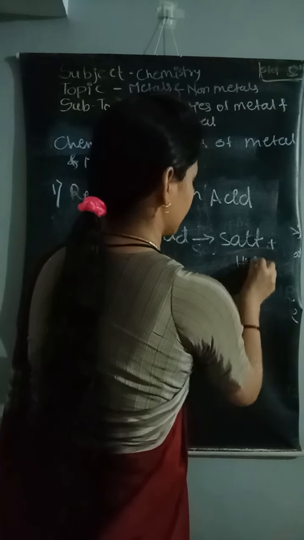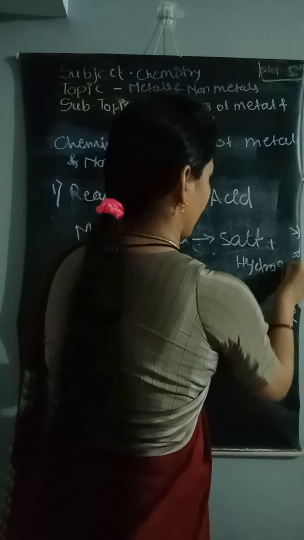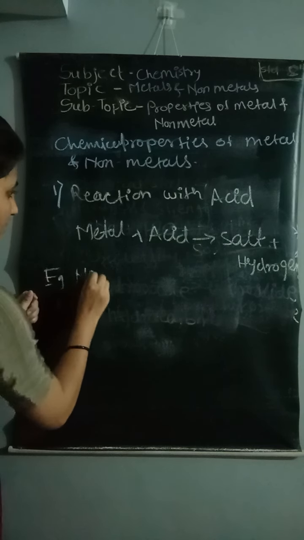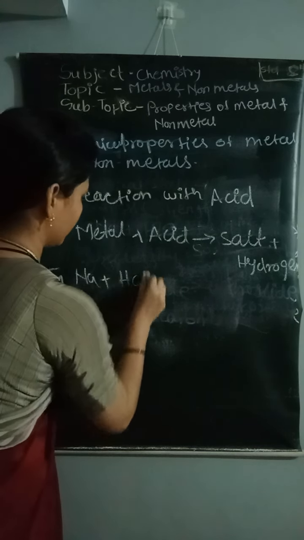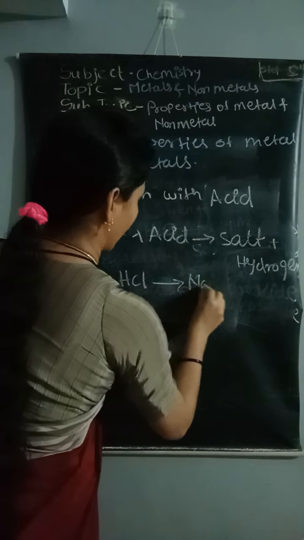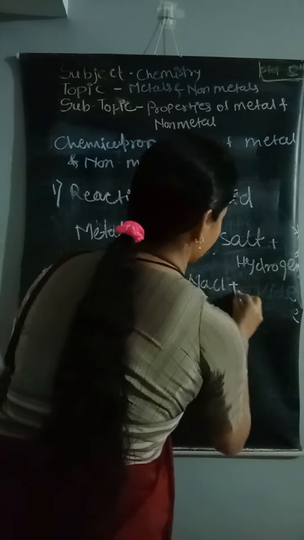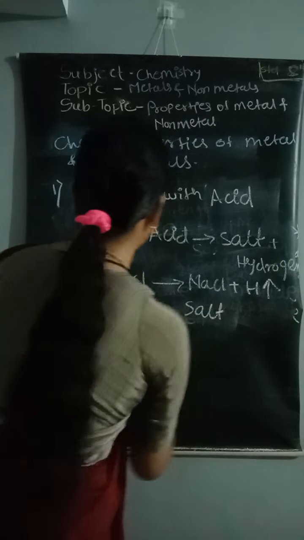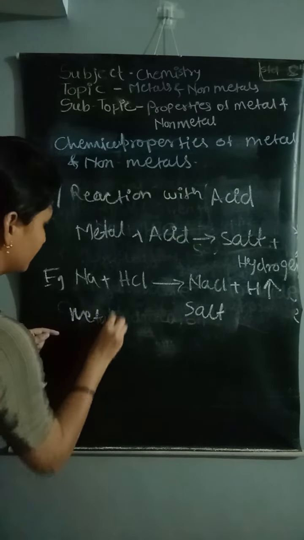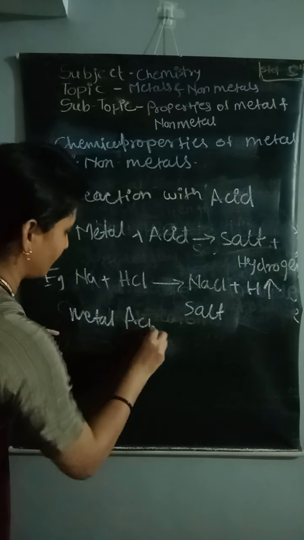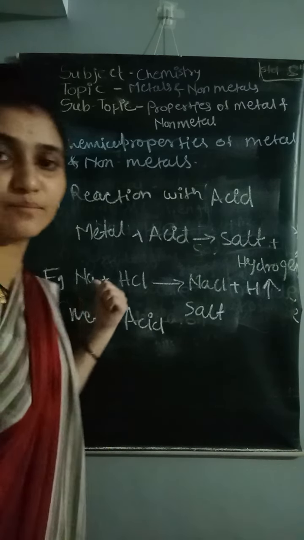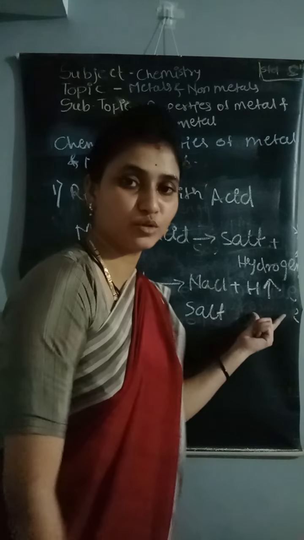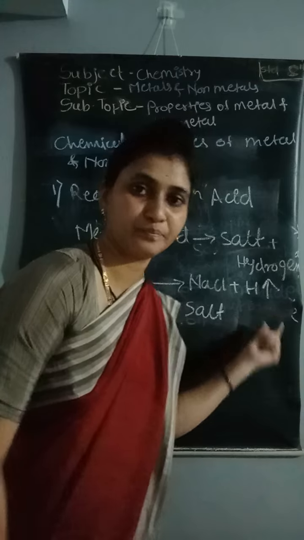Example: the metal Na plus the acid HCl forms NaCl plus hydrogen liberation. This is the salt, this is the metal, this is the acid. By the reaction of this metal and acid, a salt is formed and hydrogen is liberated.